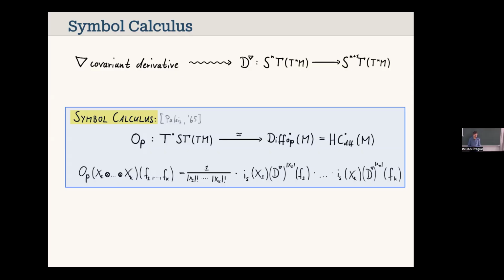So we ignore the prefactors and just look at the first factor. What we do is apply our symmetrized covariant derivative to the function as many times as we have symmetric degree in our x, which essentially just means we collect all possible partial derivatives of f. And then we get an object in here.